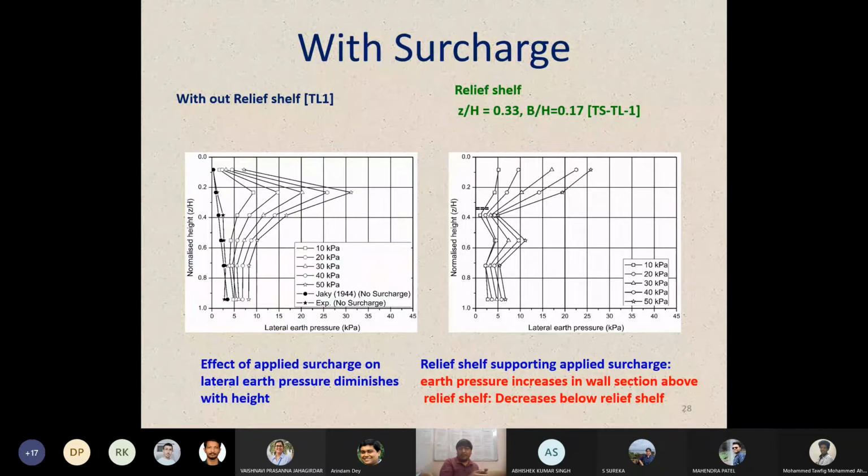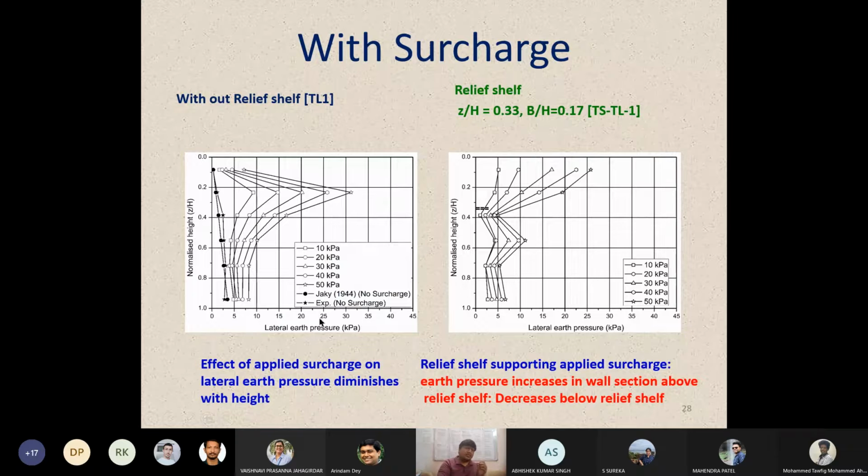Moving on with the same experiment with the surcharge, this is very interesting to note. Without any relief shelf, the earth pressure distribution is like this. What you study theoretically, this earth pressure distribution should not be like this, it should have been like this.